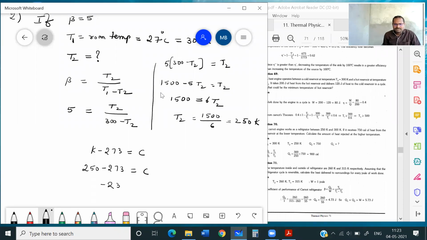So the refrigerator is operating at a temperature of minus 23 degrees centigrade. Whatever contents are inside the refrigerator, they will be stored at a temperature of minus 23 degrees centigrade. I hope you understand it very clearly. Any doubt in this?